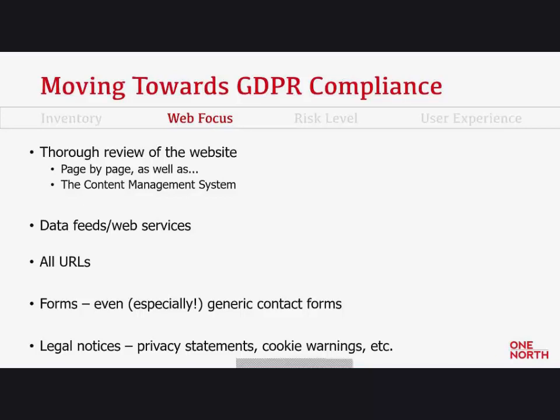Going through the content management system. Again, you're trying to build this inventory, and the purpose of this is that you can start identifying what we call areas of interest. They're not necessarily issues with compliance, but they might be, and they're areas that you need to dig into further. So you come out of this armed with the complete inventory of the system, as well as identifying some things that you need to look at a little bit deeper.